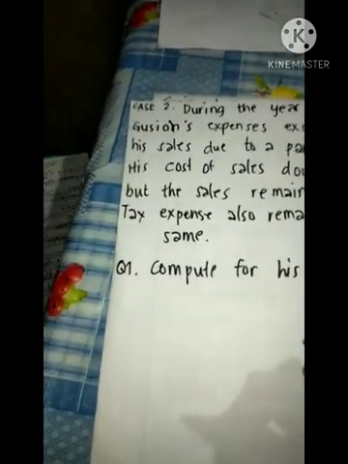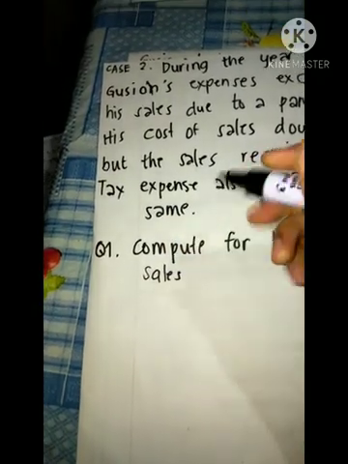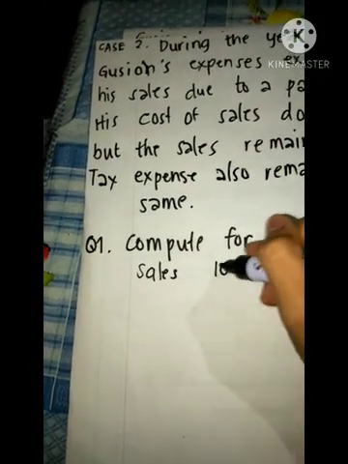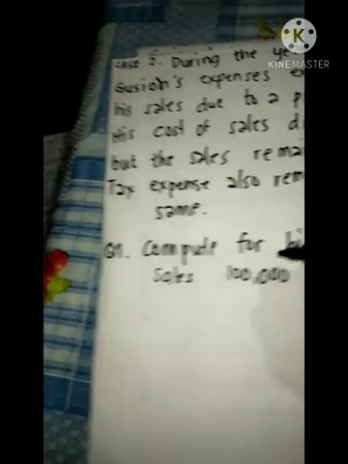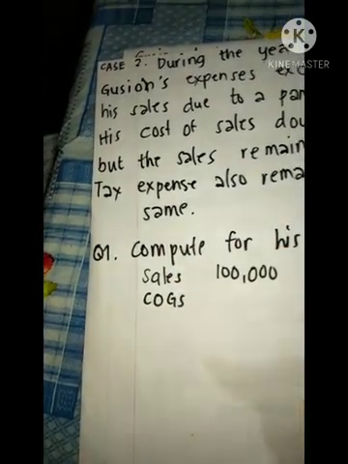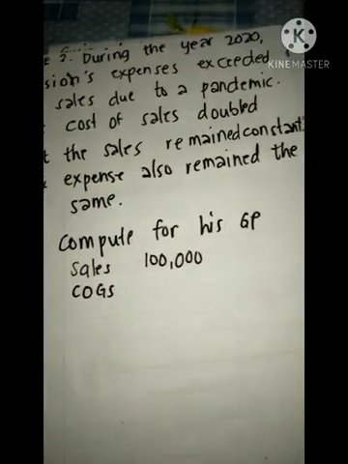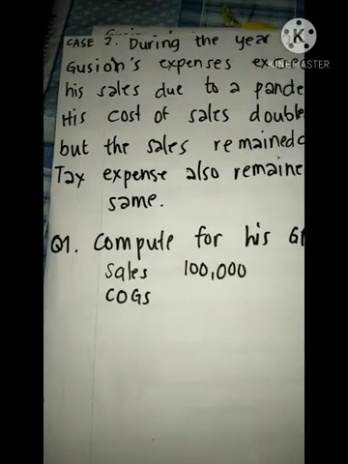So, let's compute for Gushon's gross profit for the year 2020. Okay. So, sales remained constant. The sales is 100,000 pa rin, di ba? Tapos, kung maaalala nyo, yung cost of sales daw ni Gushon dumoble. Ano ba yung cost of sales ni Gushon by the year 2019? It's 50,000.